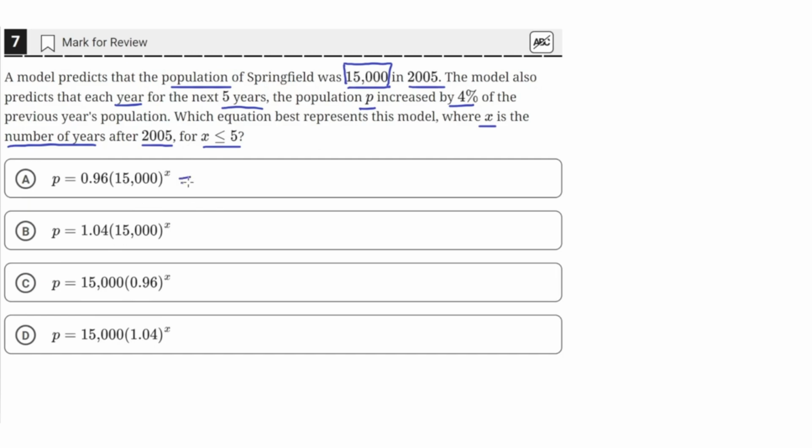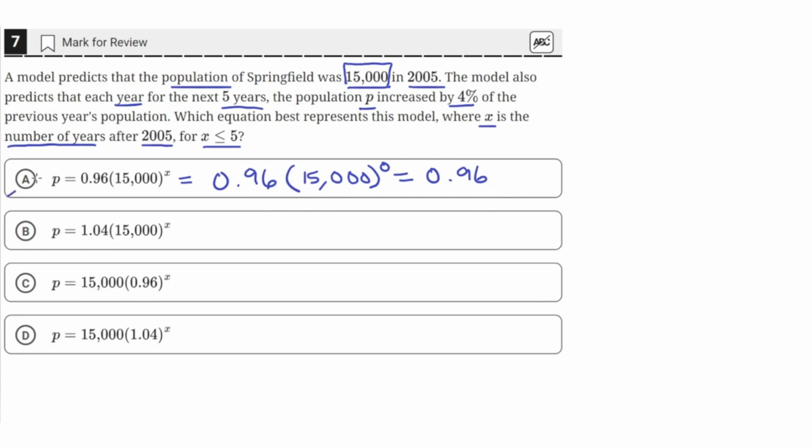So when we plug in x equals 0 here, we get 0.96 times 15,000 raised to the 0th power, which is just equal to 0.96, because anything raised to the 0th power is just equal to 1, and 0.96 times 1 is just 0.96.